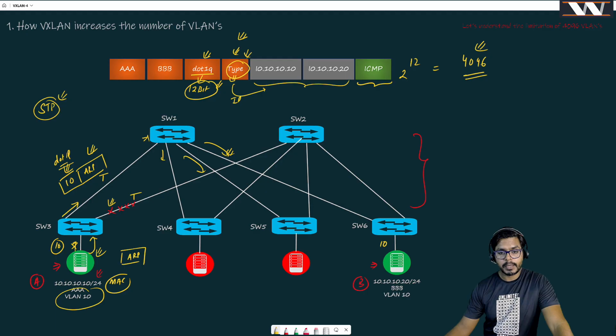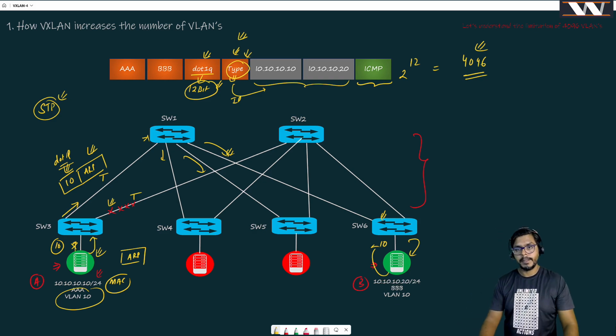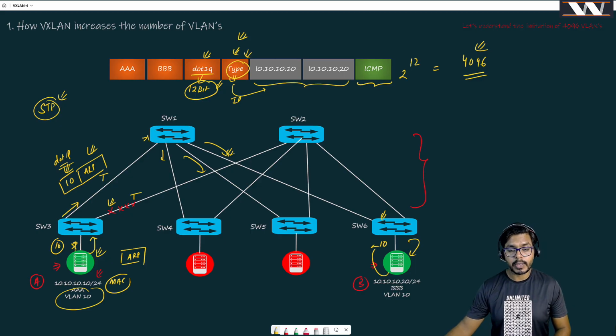Eventually this message will come to switch 6. Switch 6 will forward it to B, and from there the ARP reply will come. And the ARP reply is going to be unicast. You all know about it. The whole point is that when you put your ARP message or any message on this trunk interface, you have to specify the number. As simple as that.